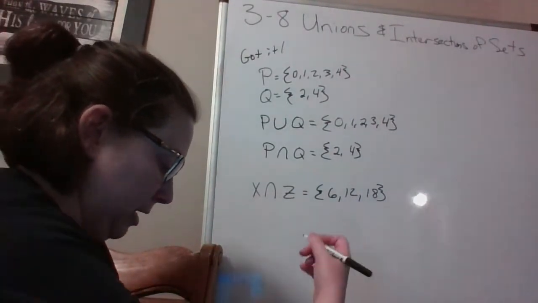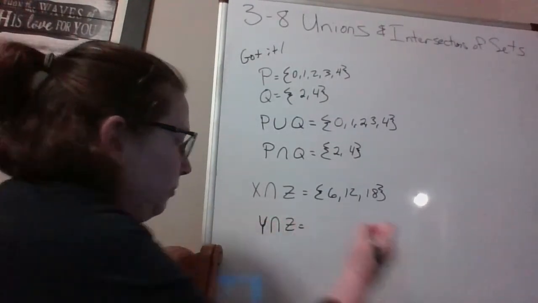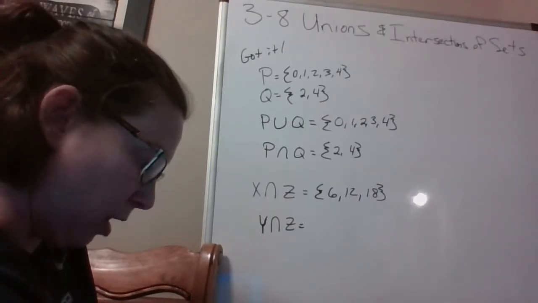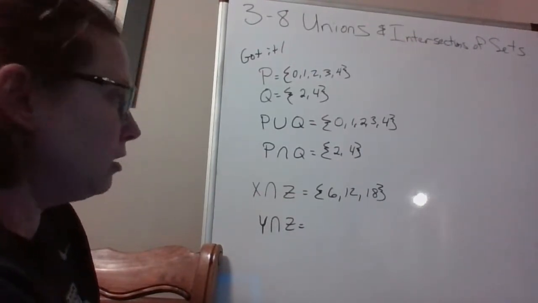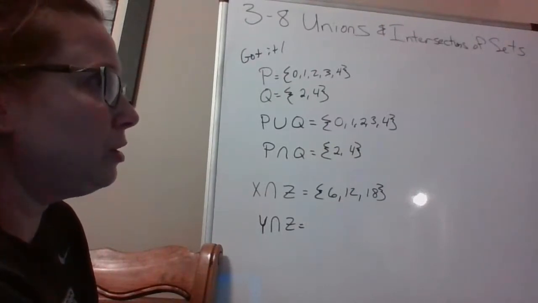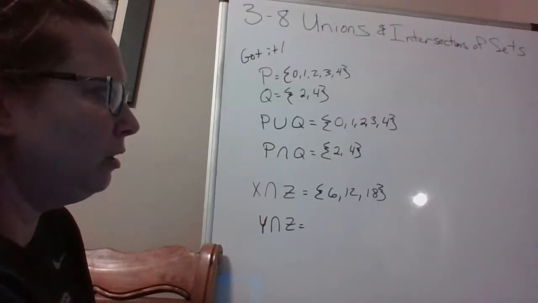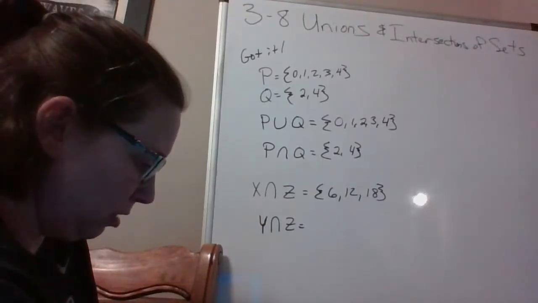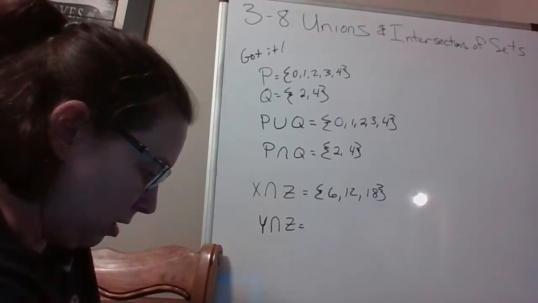The next one, they ask what is the intersection between y and z. So y again was odd integers, and z is multiples of 6.